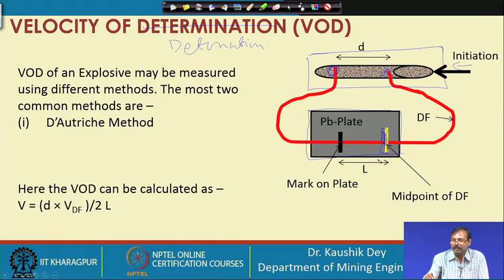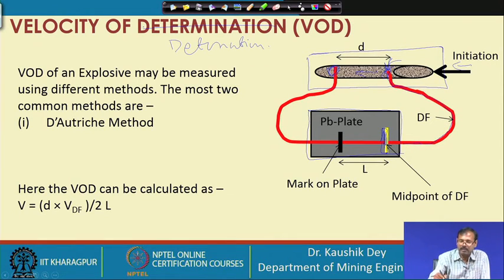Now, the moment initiation is given to the explosive, the initiation first reaches this point, and at that time the detonating fuse at this point gets the initiation. Now, the initiation is carried through the explosive column towards this side, and also the initiation carries through the detonating fuse, whose VOD is known to us, from this side.